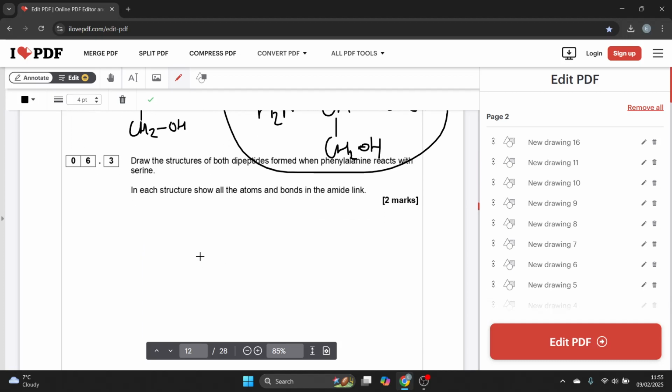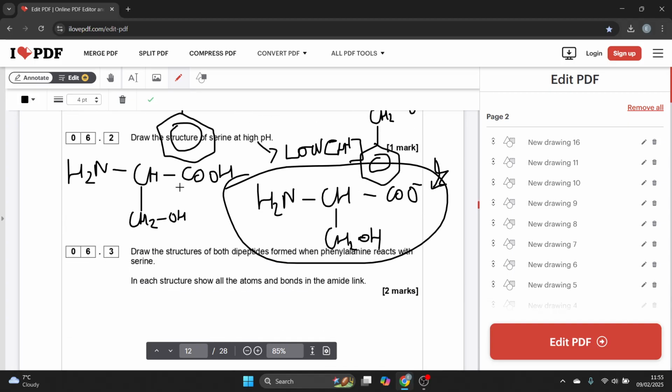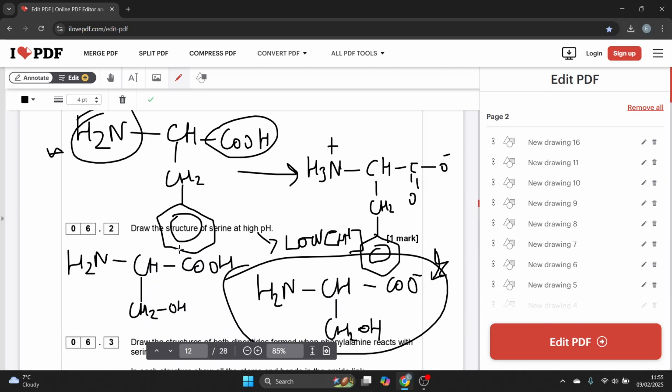Draw the structures of both dipeptides formed when phenylalanine reacts with serine. Now, phenylalanine is obviously that, serine is obviously that. So what's going to happen is, this OH and then this hydrogen will leave, so I'm left with the NH and then CHCOOH, CH2OH. Or I can have it the other way around.